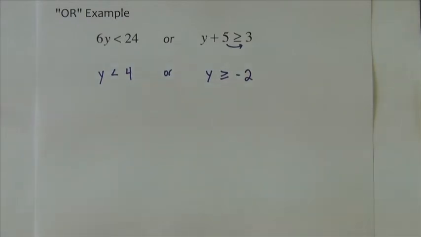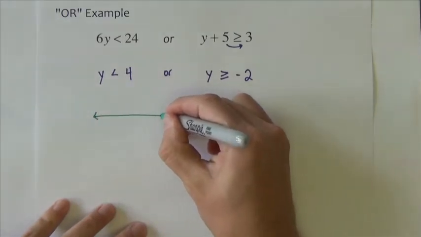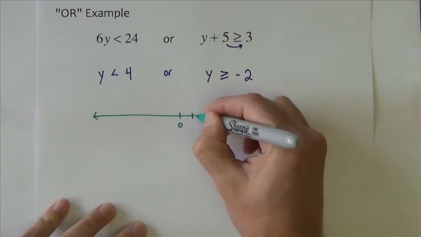So let's create a number line. Just go and put 0 in the middle.